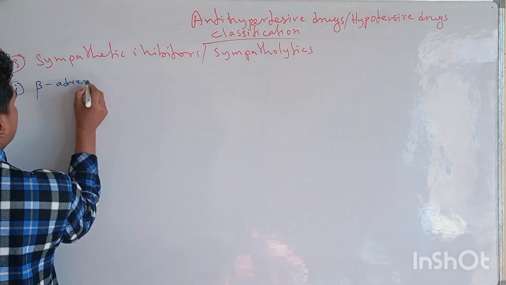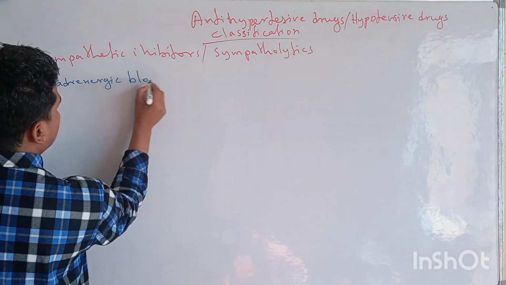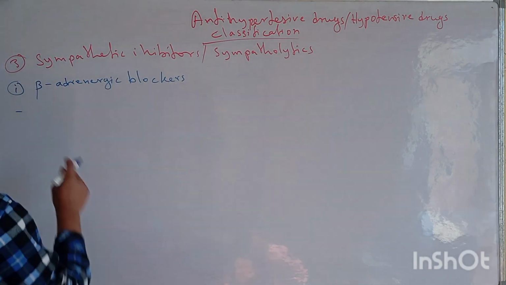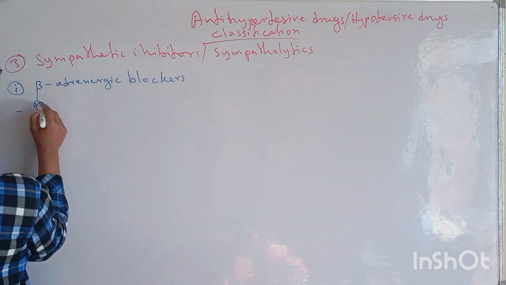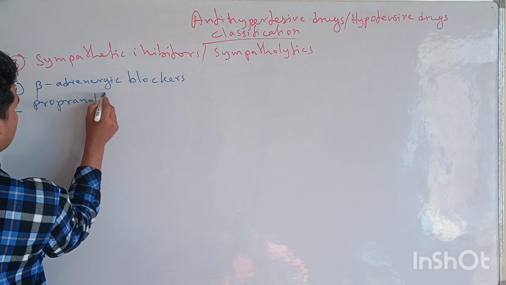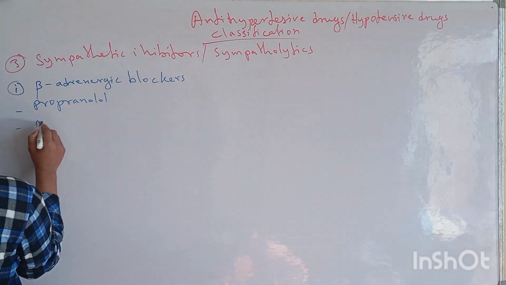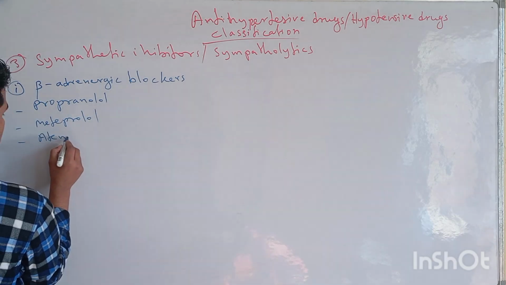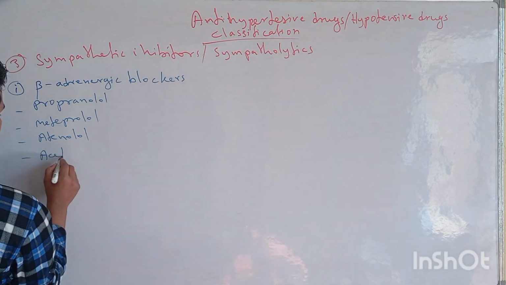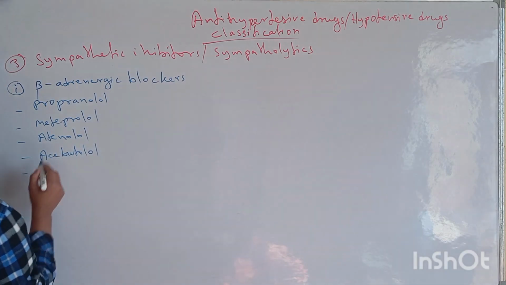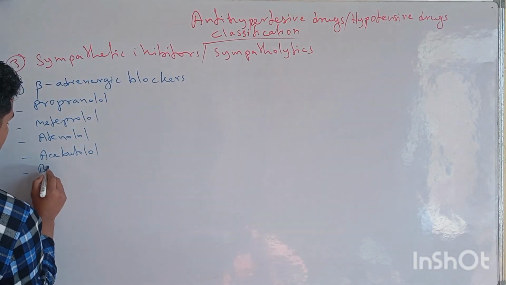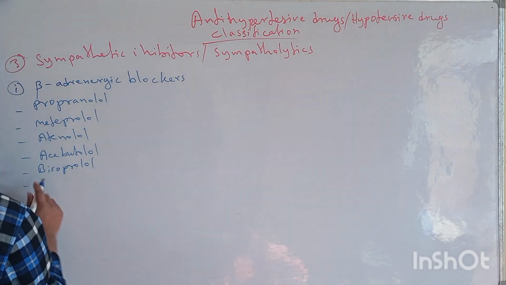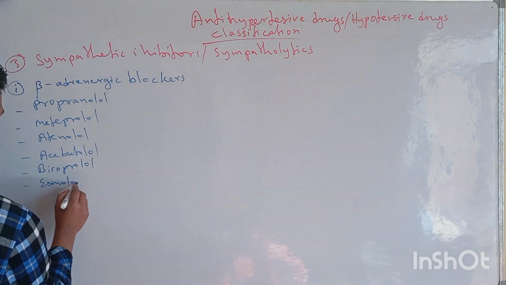Beta adrenergic blockers. Examples you know well from previous lecture: propranolol, metoprolol, atenolol, acebutolol, bisoprolol, esmolol.